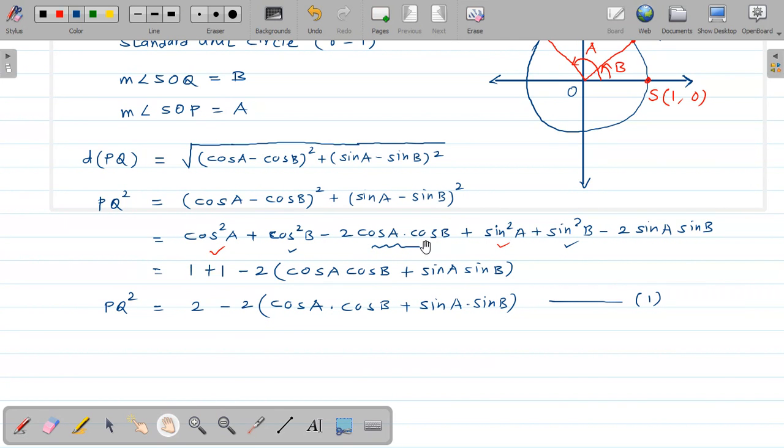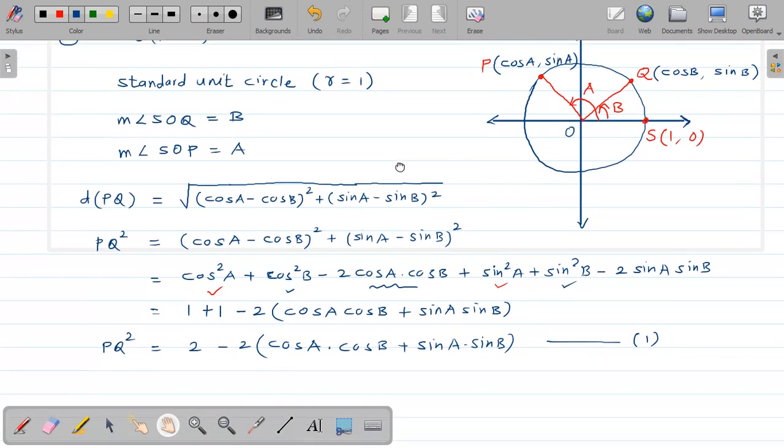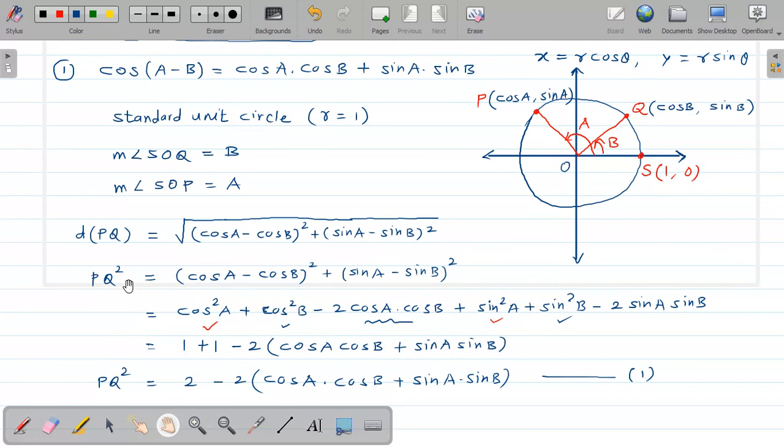Okay. So to get the proof of this formula, first of all we find the distance PQ, because if we join this chord PQ, then the angle subtended by arc PQ is nothing but angle A minus B. Just observe, focus on the angle A minus B as per our assumption.